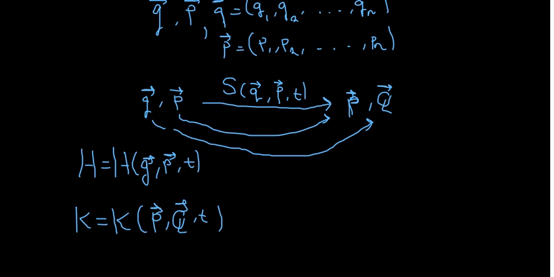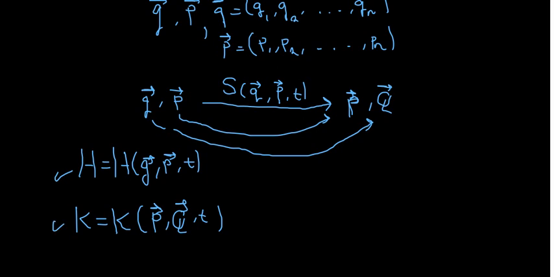So we're trying all the time to choose this S, the generating function, so that this K right here is a lot easier than this H right here. This H has to be more difficult than this K, because that's the reason why we are carrying out this transformation.